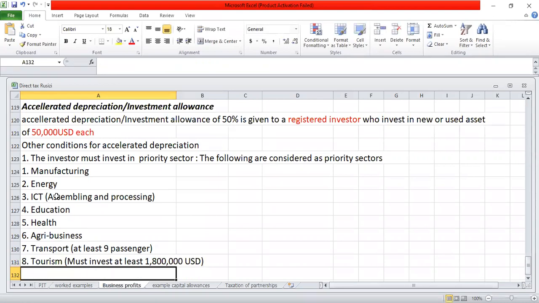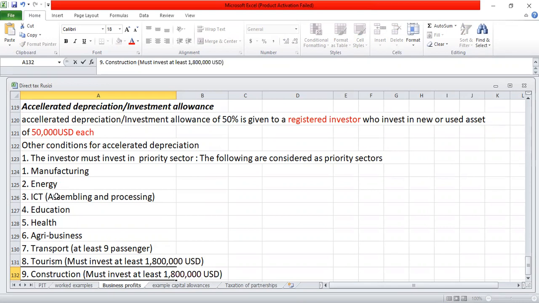Even construction also must invest at least 1.8 million USD. That one can also be considered if it is in construction.